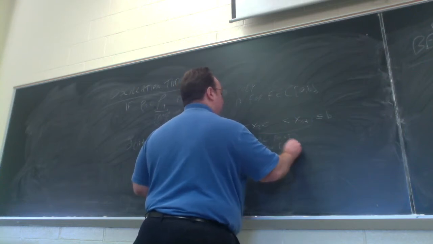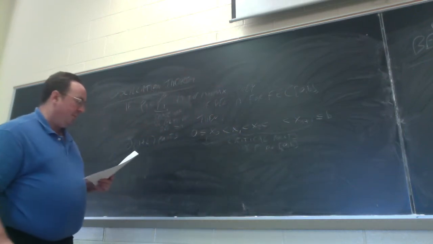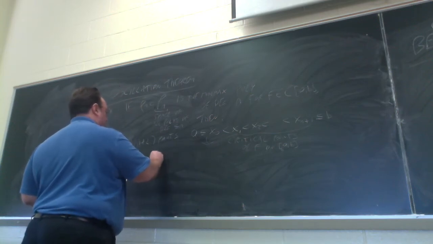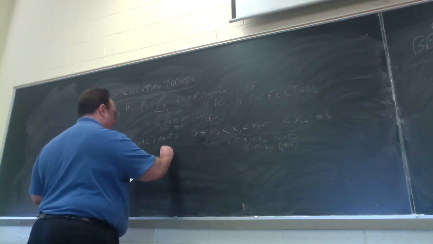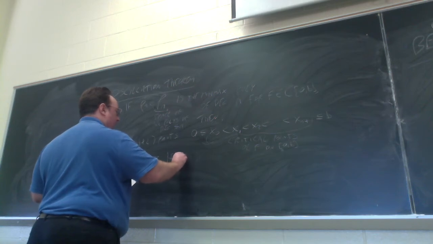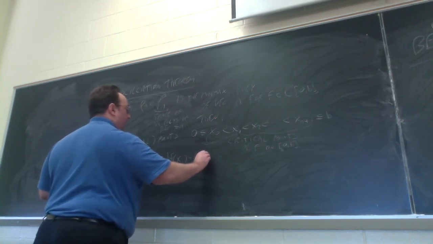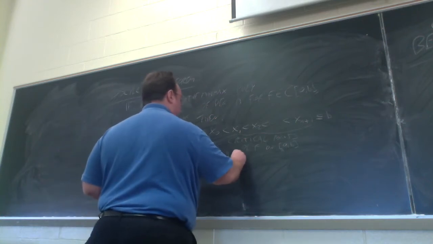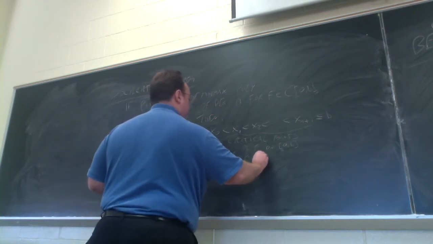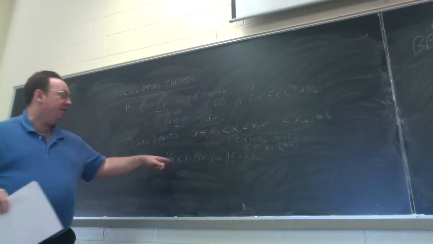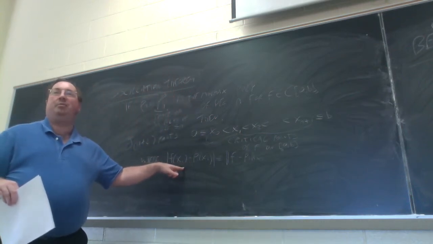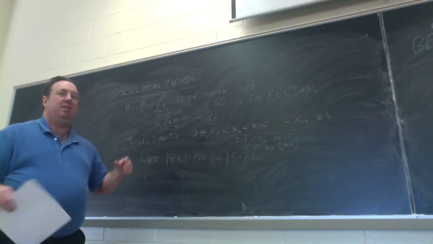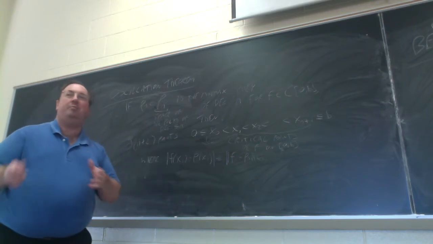Now, what do we know about these points? It turns out at these points, if I look at the error at those points, it is actually equal to the infinity norm. In other words, it's where the error hits its maximum. And that's quite weird, because the infinity norm is supposed to be the maximum deviation.